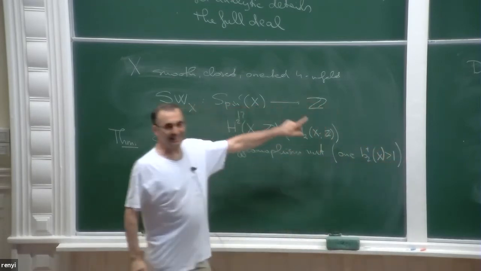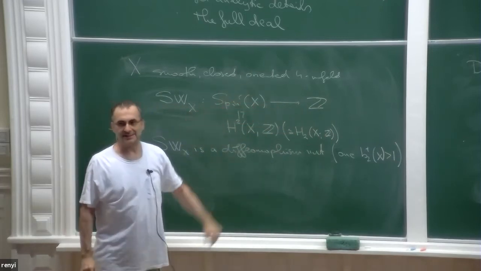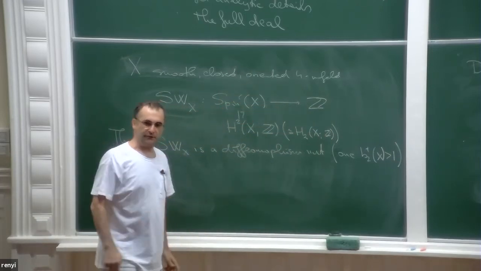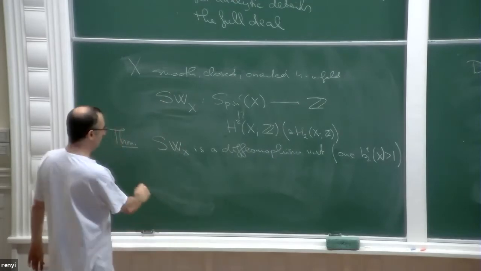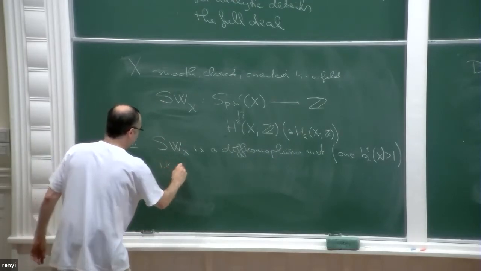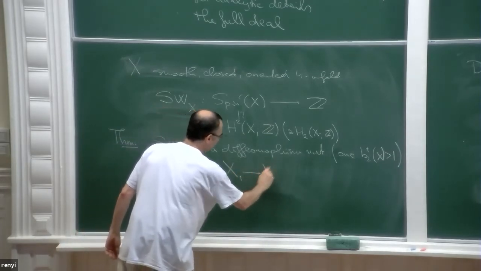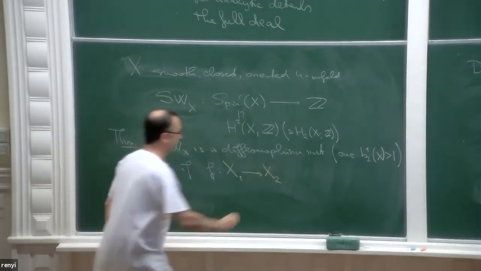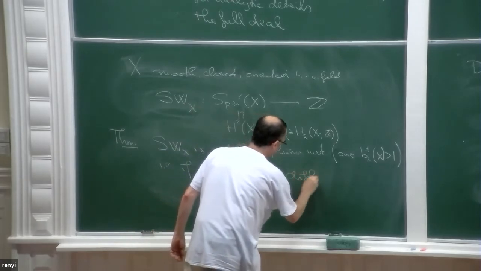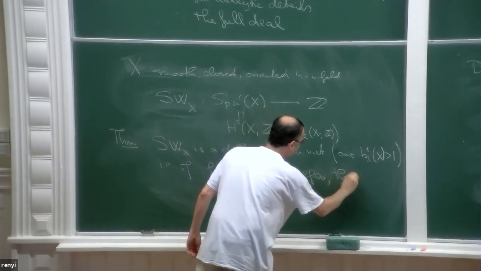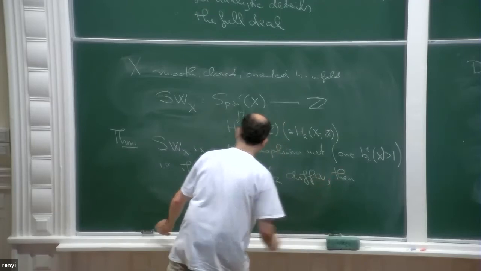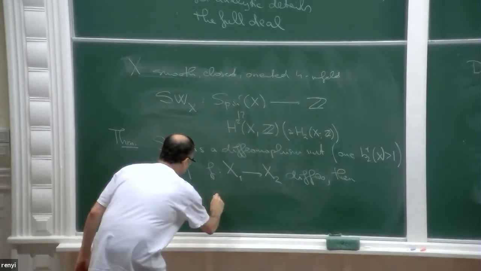We did need that assumption in order to get rid of the fixed points of the group action. That is, if F is a diffeomorphism between two four-manifolds, then, so how do we write that down?